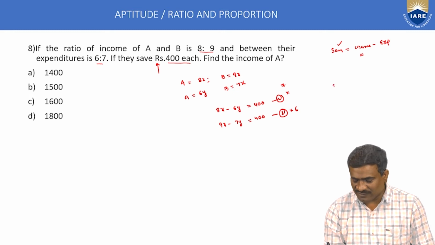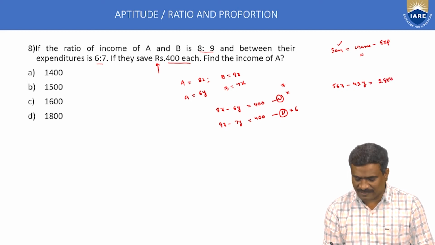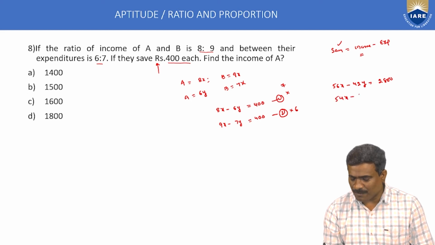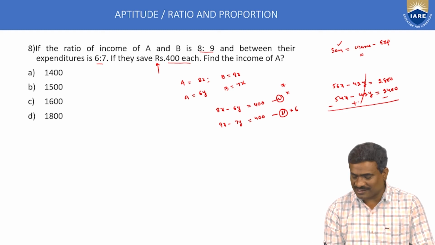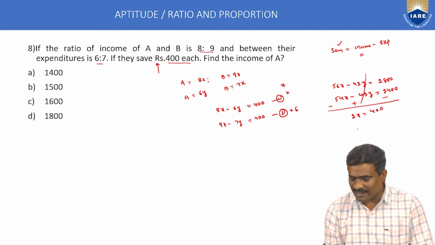Then 56x minus 42y is equal to 2800. Second equation, 54x minus 42y is equal to 2400. Equation 1 minus 2, 42y gets cancelled. Remaining 2x is equal to 400, so x is equal to 200.